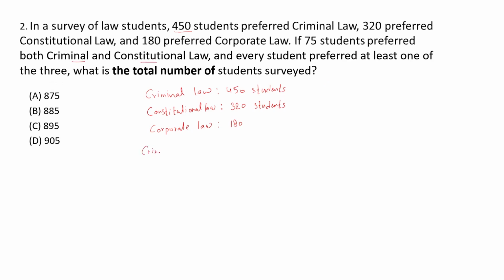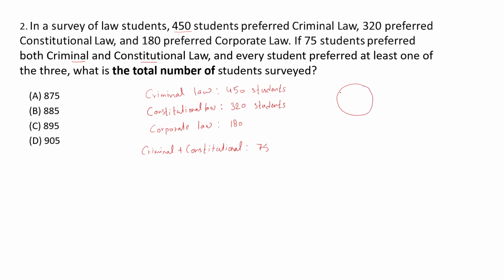So, criminal plus constitutional. How many are interested in both? 75. Here, it is given that every student preferred at least one of the three. What is the total number of students surveyed? So here you see there are three laws.